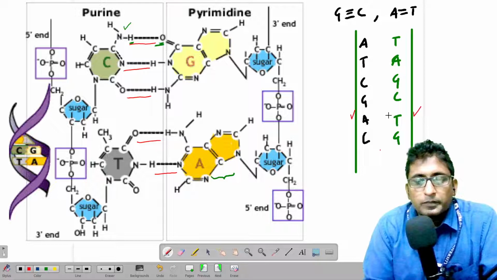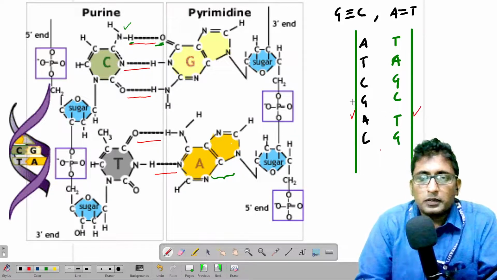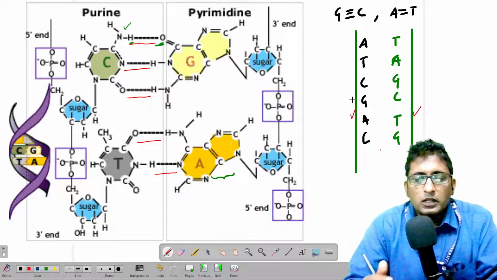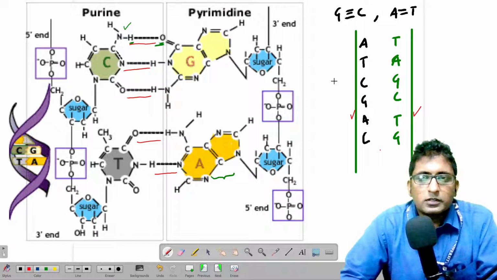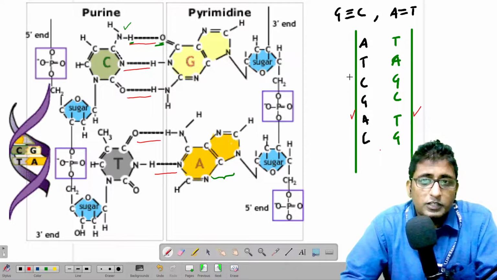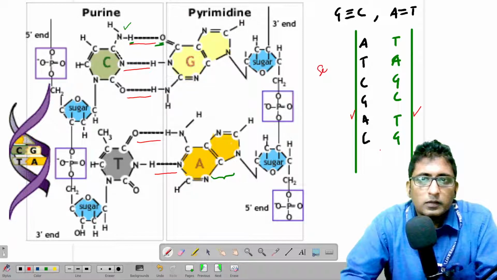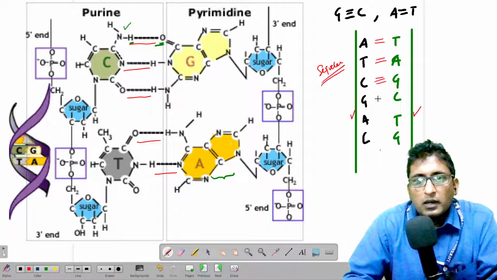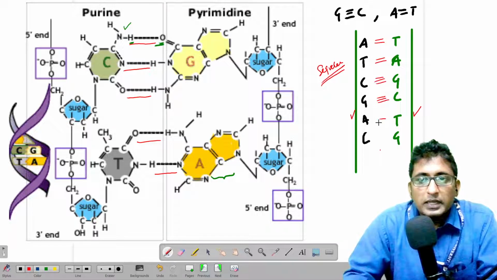So if we look at it in terms of information, the phosphate backbone is able to show it as a sequence, and the hydrogen bonds that are present are making it inheritable, right?